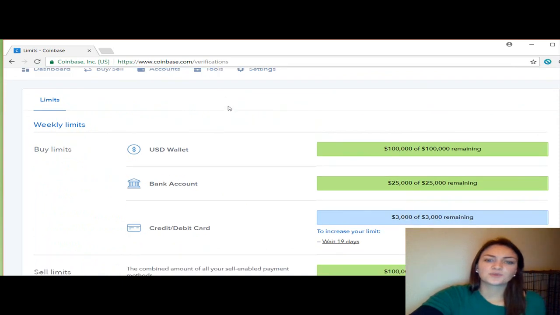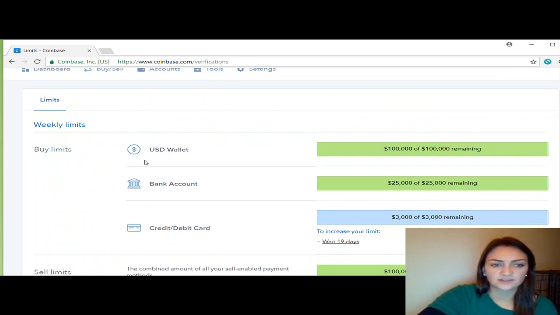Limits, this is pretty important. This is where you can potentially increase your limits. If you look at mine, I currently have my US dollar wallet and my bank account limits maxed out, but underneath my credit debit card limit, to increase it, all I have to do is wait 19 days.